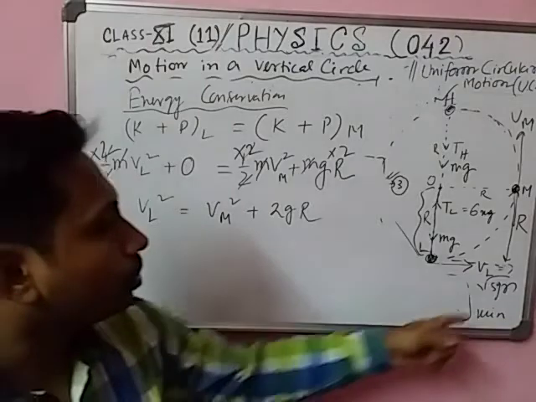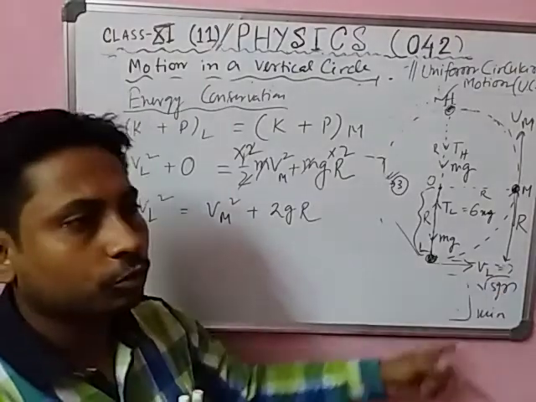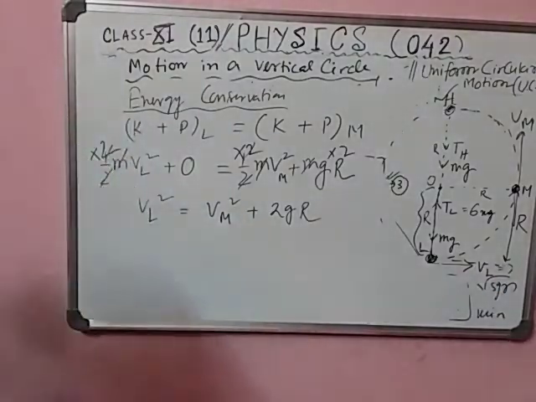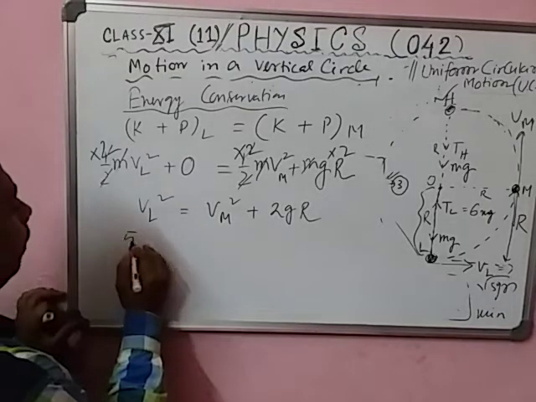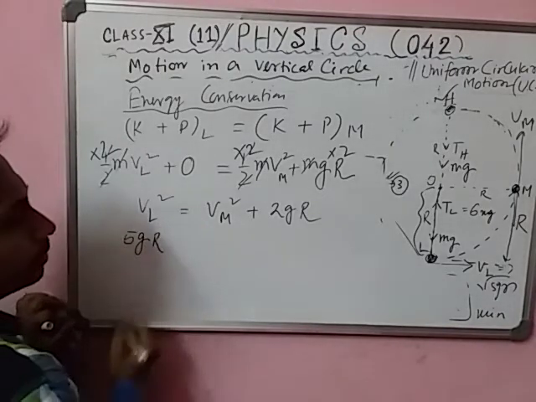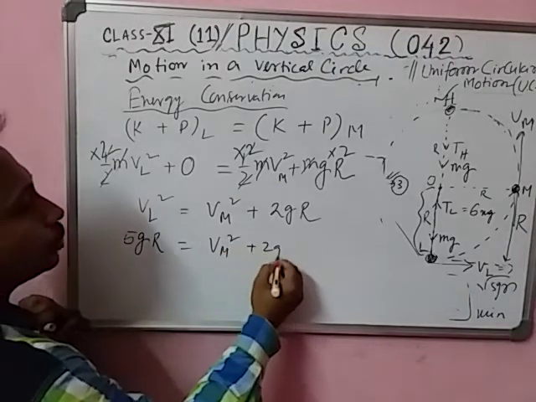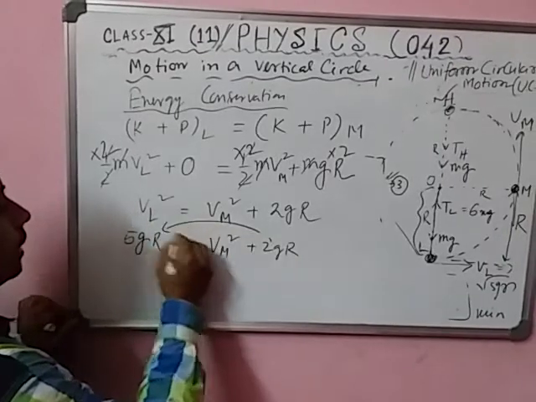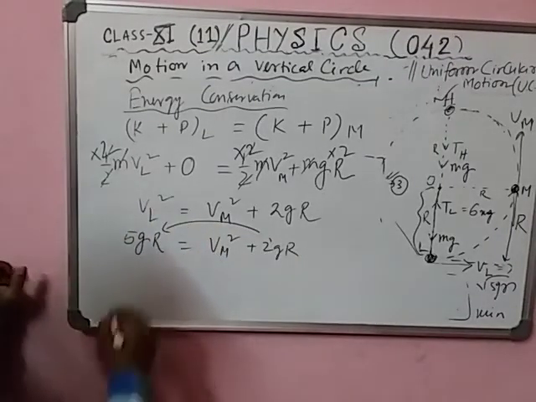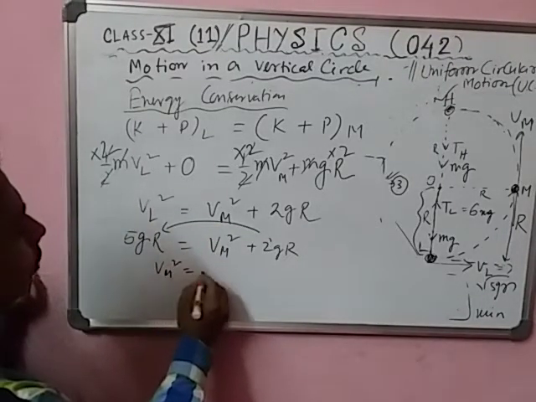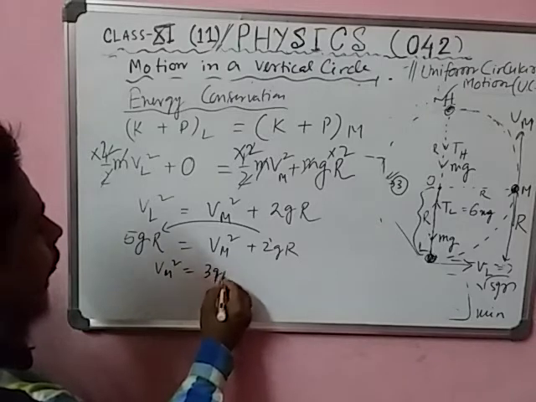Now you know the value of VL, which is root over 5gr, and you want to find the midpoint velocity. So put 5gr here, and you get Vm square plus 2gr. 2gr you can move to the left side. So Vm square equals 3gr.